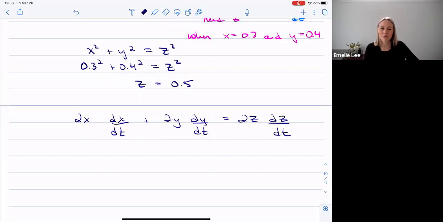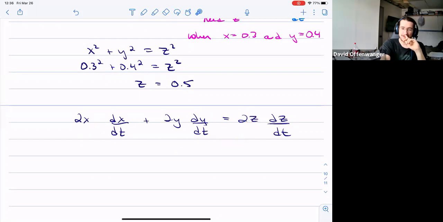Usually I would just plug stuff in and then solve for dz/dt. But now that I have dz/dt easily available here, I just need to divide both sides by 2z. So why not? Let's just mix it up a little bit. If you wanted to, you can just plug stuff in here and then solve for dz/dt. I'm just going to point out right here, 2z is actually 1.